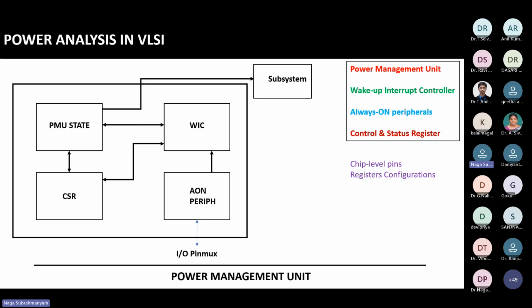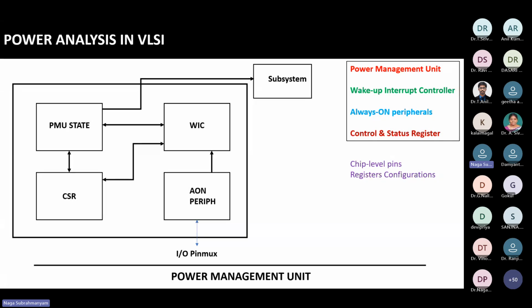In order to control all these things, as I told yesterday, there are some registers. We need to configure those registers, meaning we need to write values to the register. That register invokes the state machine. That state machine will control the data flow in your logic. Yesterday I told this. Here also, this power management unit comes with some registers.